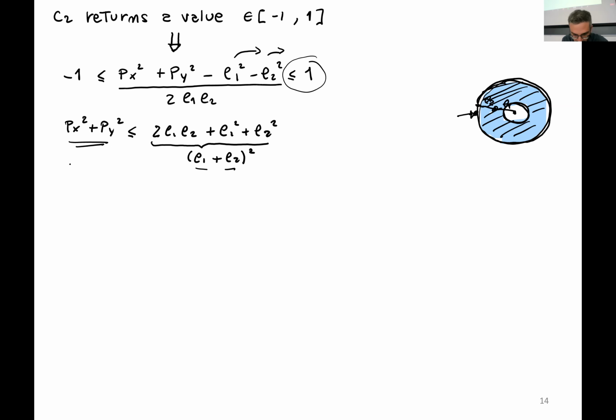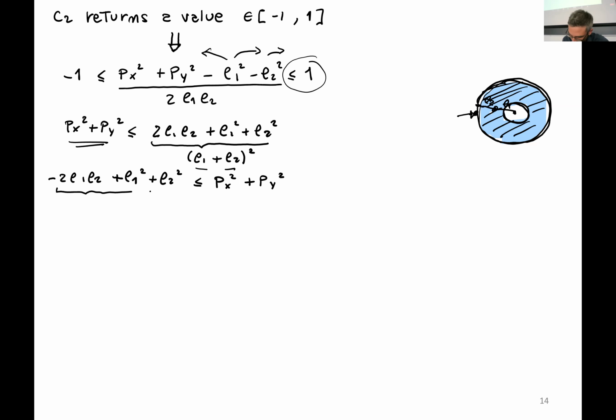Then the other inequality is that the cosine is greater than or equal to -1, so we put minus 2 L1 L2. We bring this on the left again, and we have, sorry, this is minus, we have plus L1 squared plus L2 squared, and this is a lower bound for the norm of the position of the end effector.